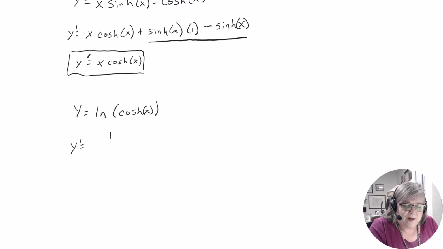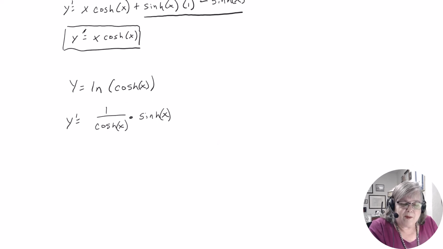So this is 1 over the hyperbolic cosine of x times the derivative of the hyperbolic cosine, which is the hyperbolic sine of x. And the hyperbolic sine of x over the hyperbolic cosine of x is the hyperbolic tangent of x.